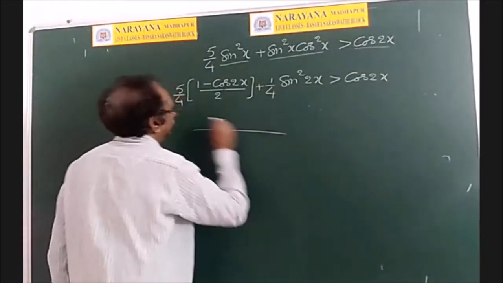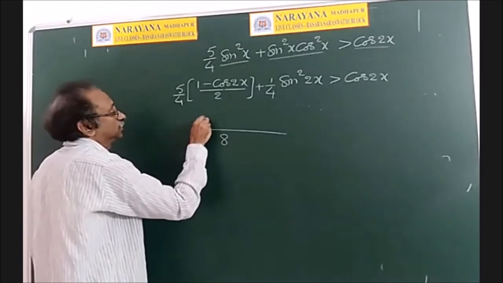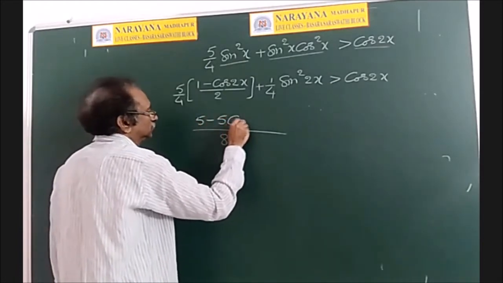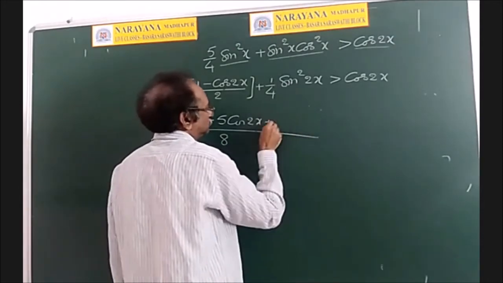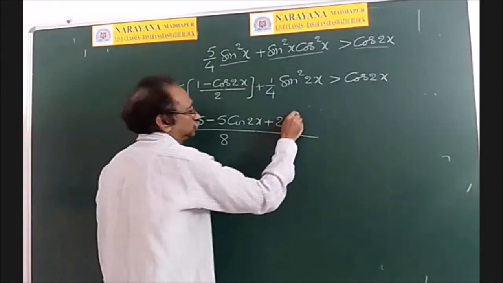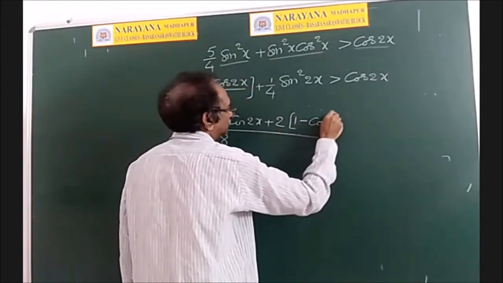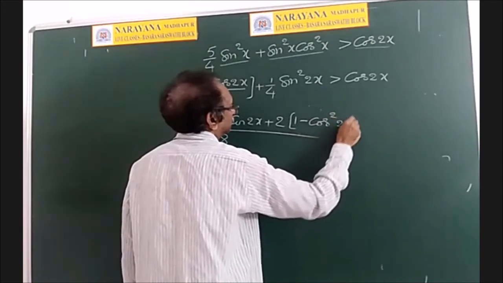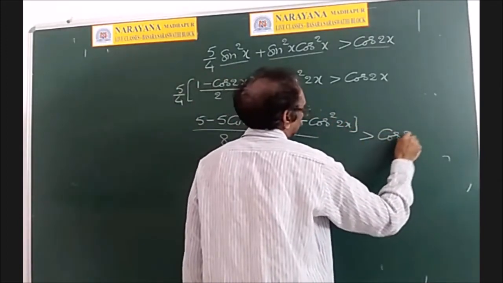So what is the LCM here? This is 8, this is 4. So LCM is 8. 5 minus 5 cos 2x plus, because this is 8, this is 4, we'll get 2 into sin square 2x, that means 1 minus cos square 2x, greater than cos 2x.